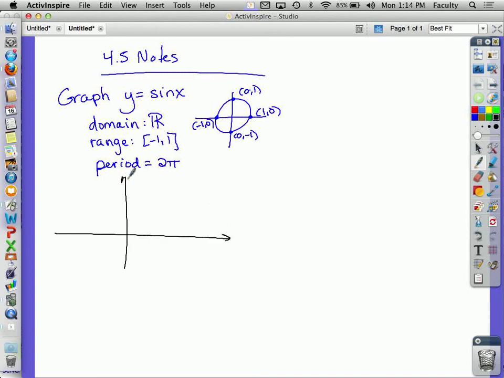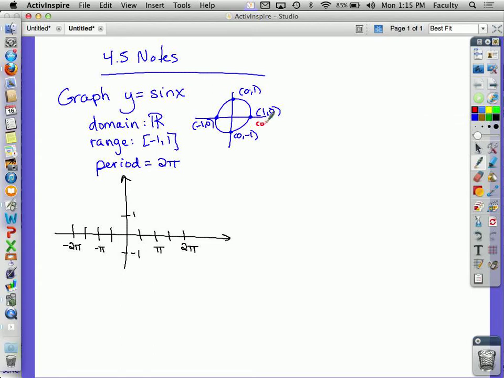So what I like to do when I'm graphing a trig function is I make 4 tick marks and call it the period length. And so I'm going to get my points from the little unit circle.